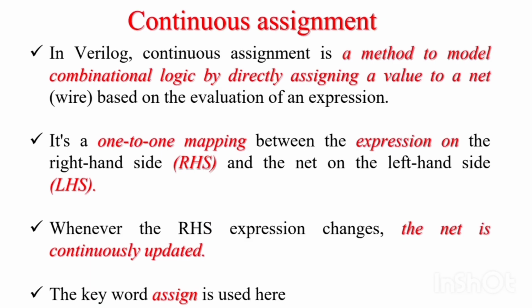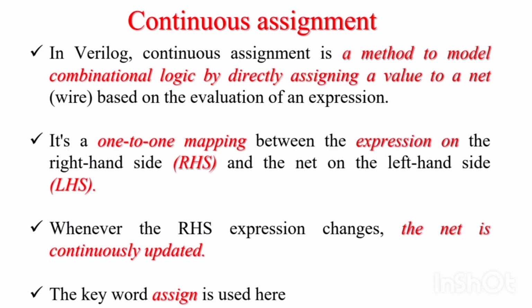For example, if our expression is assign y = a & b; then the net y is updated every time a or b changes. When the value of a or b changes, or both change, at that time the net y is getting updated.